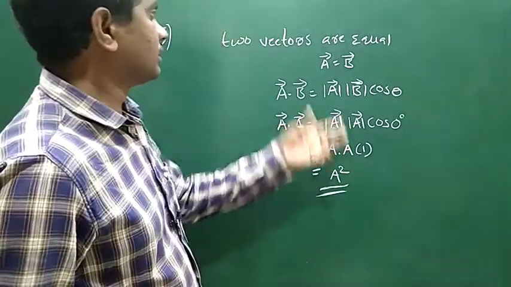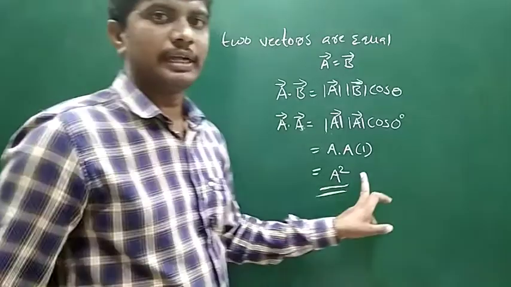If the two vectors are equal, the dot product is equal to A square.